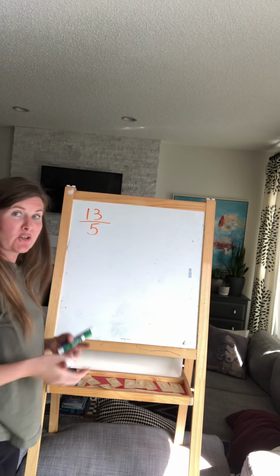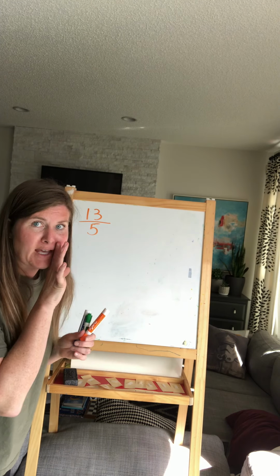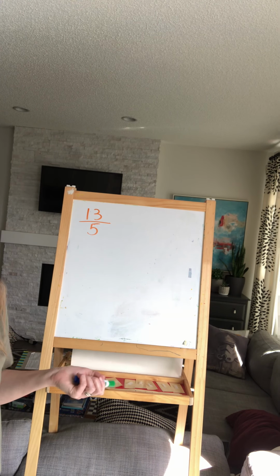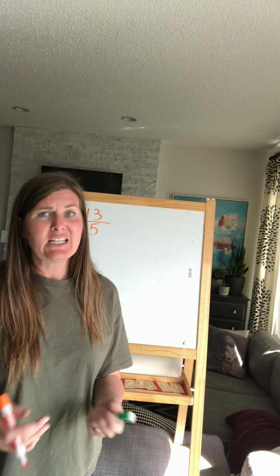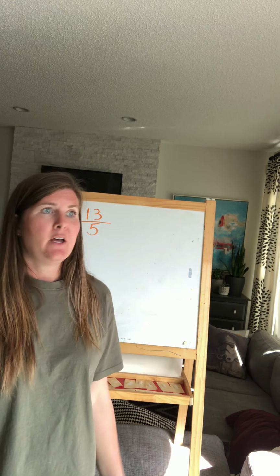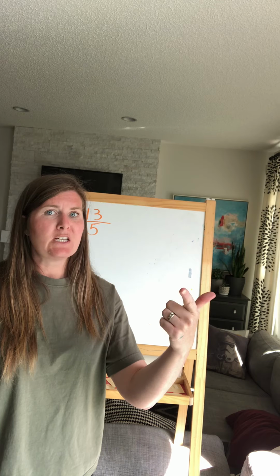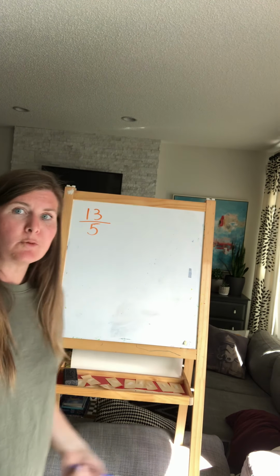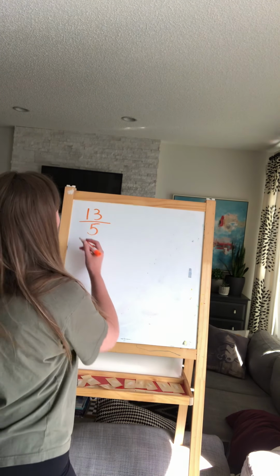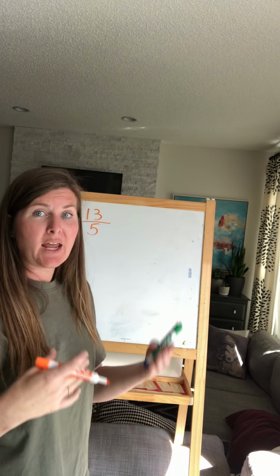So if I have 13 pieces and I want to divide it into groups of 5 because 5 makes a whole, I'm going to use my division skills. I know that 13 does not divide evenly by 5, but I'm asking myself, how many groups of 5 can I make out of 13? Maybe I'll try skip counting. 5, 10, oops, 15's too high, but I know I can get 2 groups because in my head I know that 2 times 5 equals 10. So I'm going to divide 13 by 5 or skip count, whatever strategy you have.